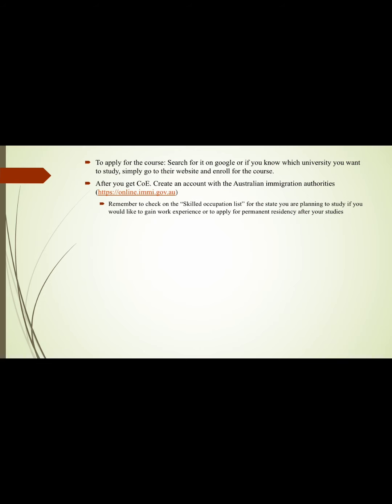You might get lucky and find a good job when you finish your course, or you can even apply for permanent residency because you have a degree in that course. But again, just a heads up, the skilled occupation list also gets updated, so you might want to choose very carefully.